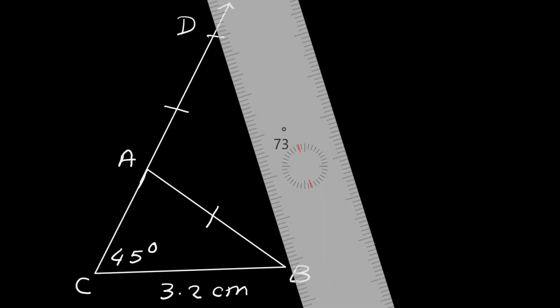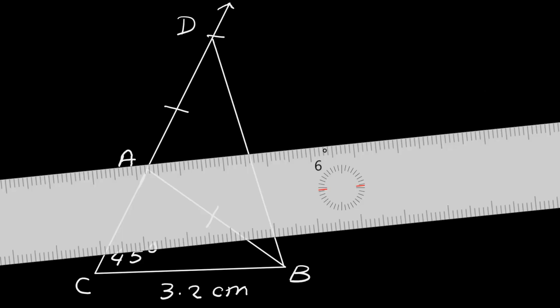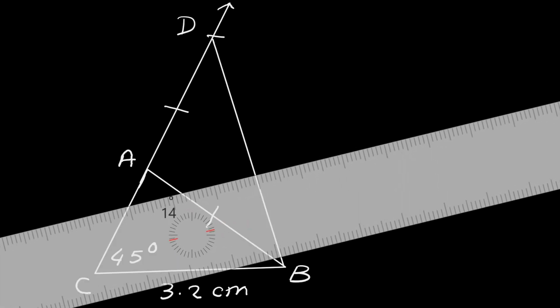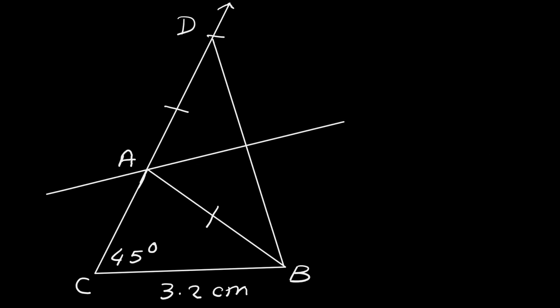What is the condition on point A? So in the final step, we are going to use this property to locate point A. An analytical figure shows the sign of perpendicular bisector, right angle mark and equal parts.